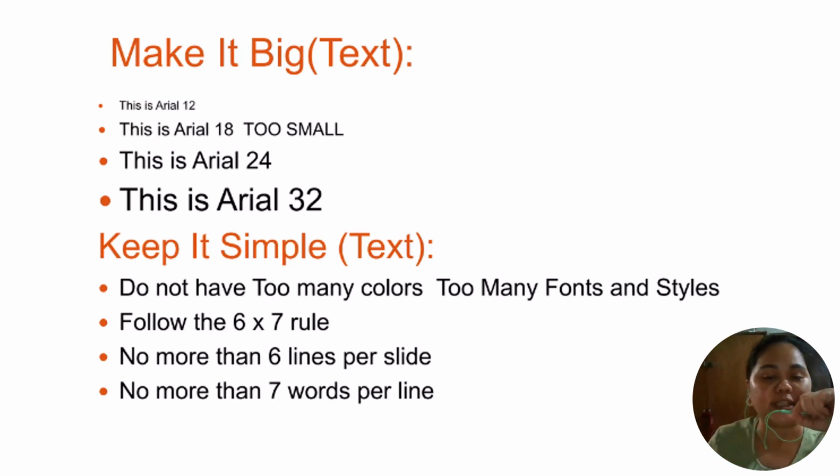So follow the 6 and 7 rules. No more than 6 lines per slide and no more than 7 words per line. So simple and concise. No flowery words if you will be having an effective presentation. So 6 lines with 7 words each line.